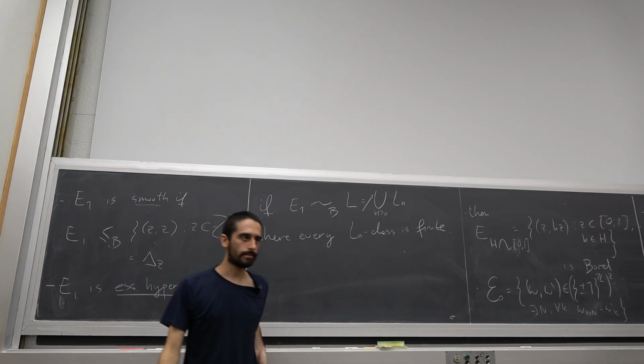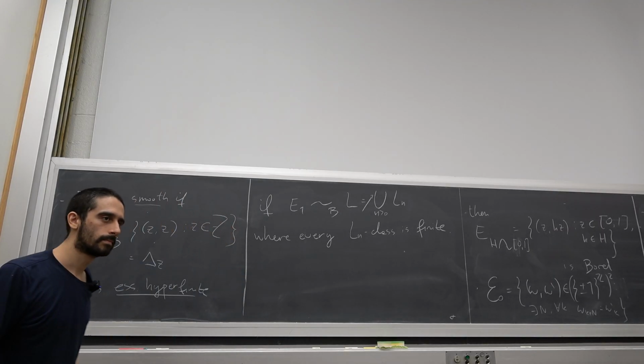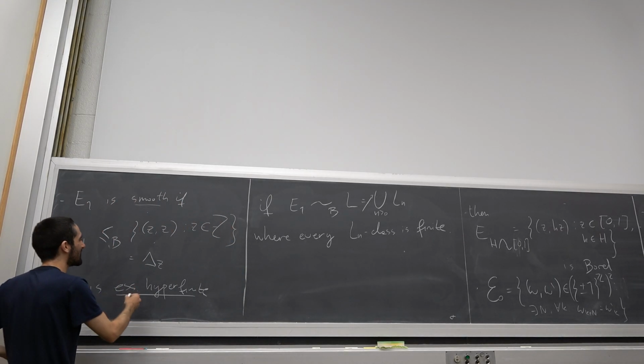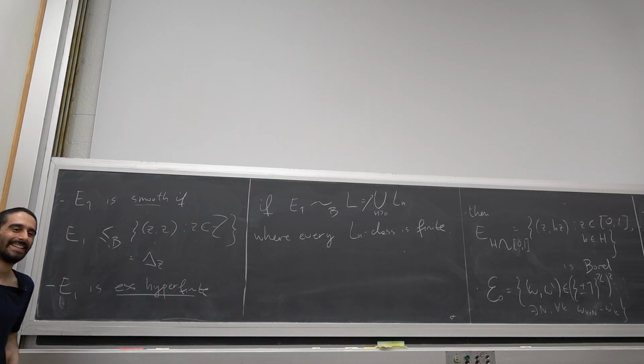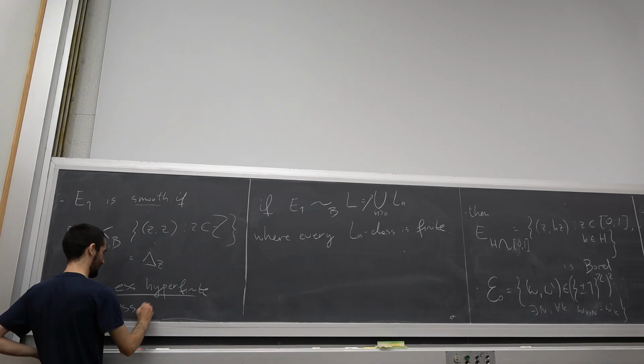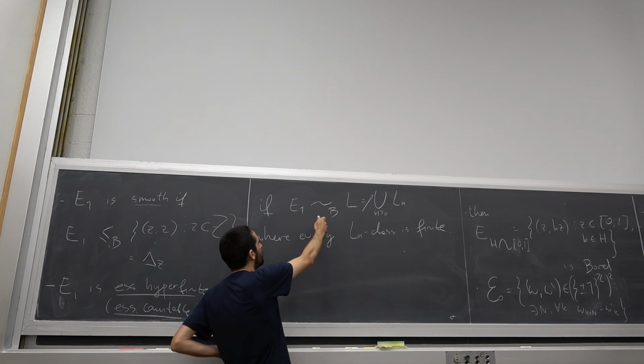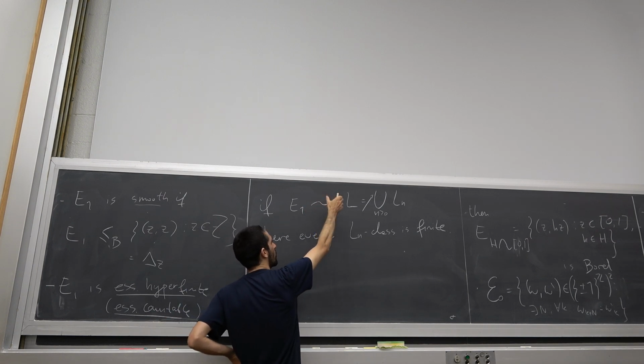I mean, a silly way of saying that is that's just the equality equivalence relation. So you can say. And I'll say this one is essentially countable if this is equivalent to a relation L.